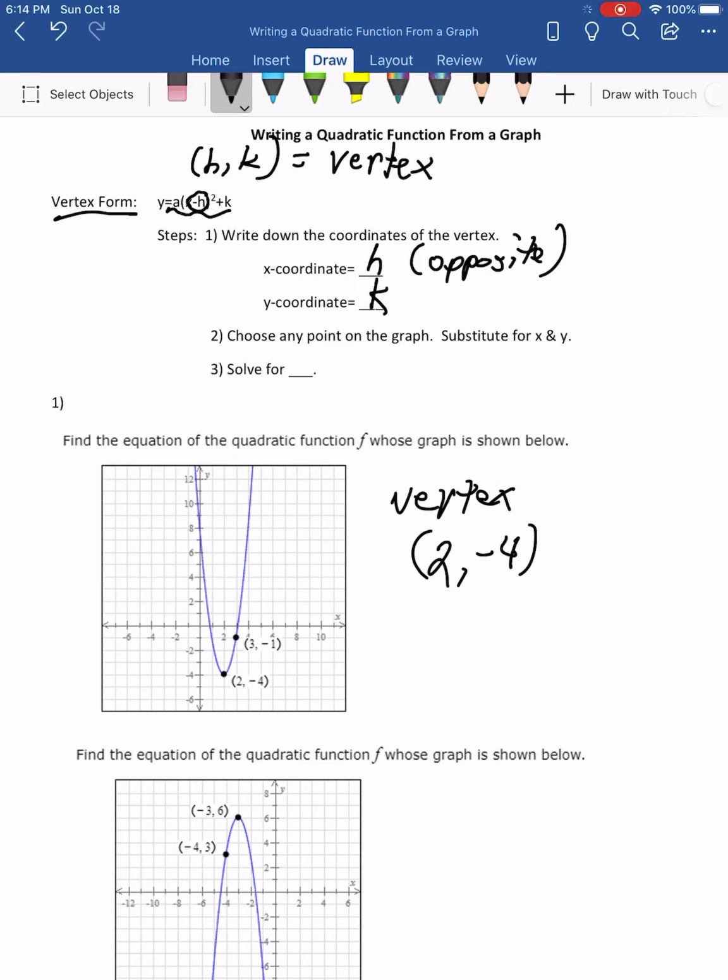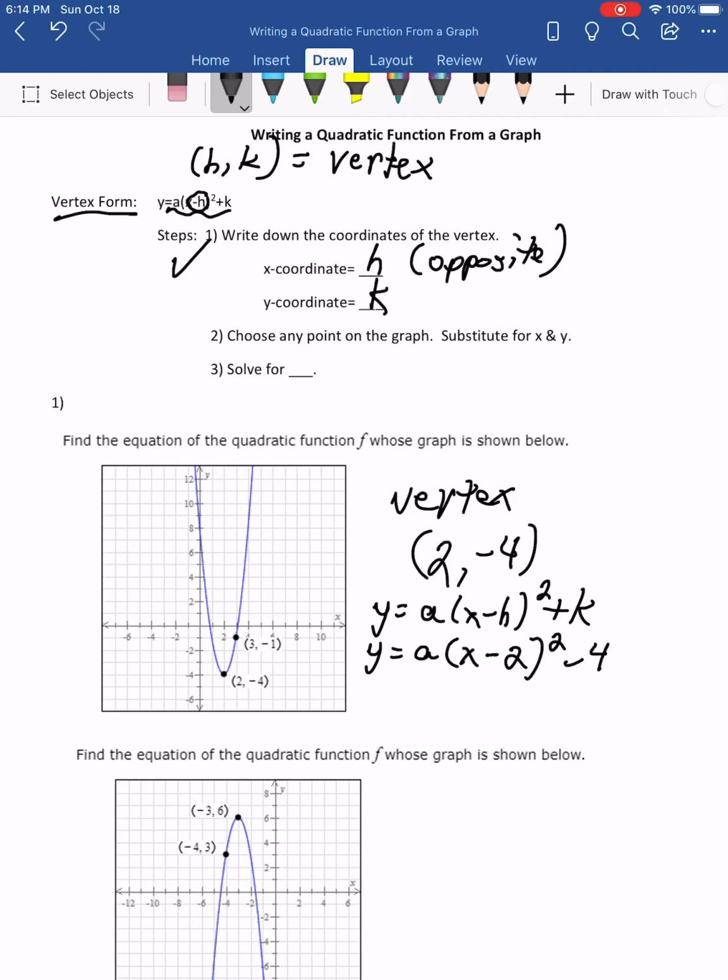So we're going to substitute that into vertex form. So y equals a times x minus h squared plus k. So y will be a times x minus 2 instead of positive 2 squared. And the y coordinate is as it appears, so minus 4. Okay, so we did that.